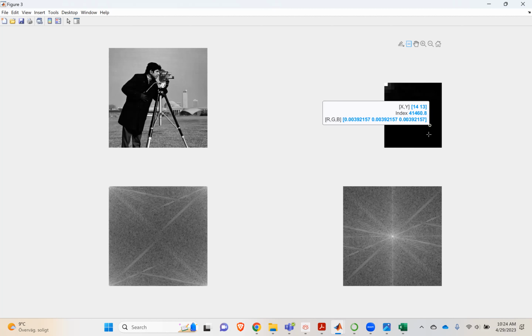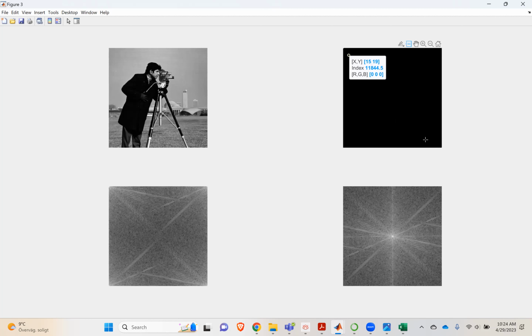And when you check the value in here, it's like 41,000. Okay, 11,000. Let me check all the values, like 3,000 something, 1,000, 900 something. So most of your values are less than 10,000.